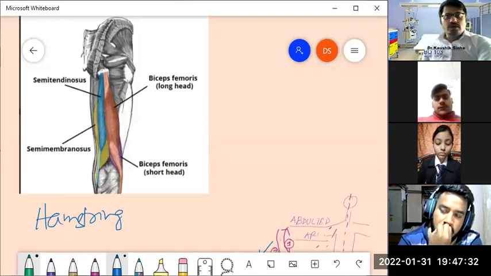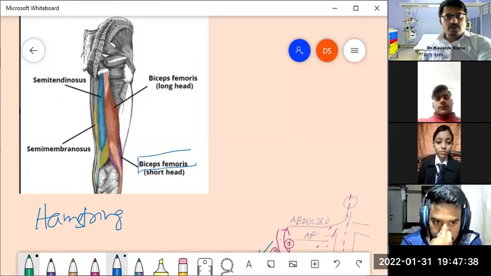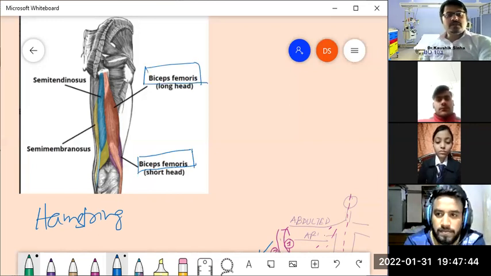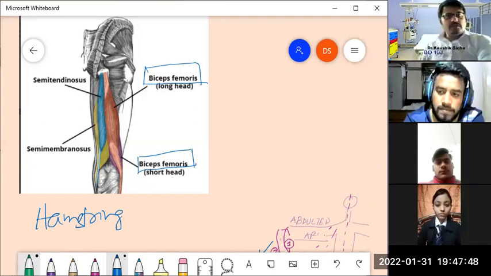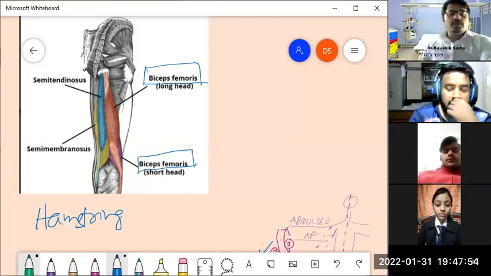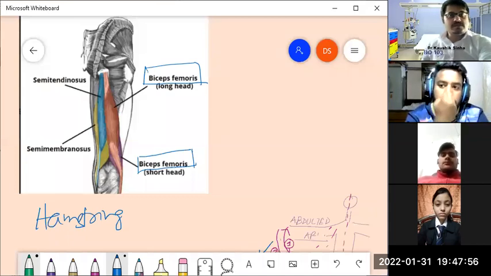Note here that in this hamstring, we have a muscle called biceps. If you have already seen my video of the upper arm, then you will know that there is a biceps muscle even in the upper arm, and that was known as the biceps brachii. But here, since it is present behind the femur bone, we call this the biceps femoris.